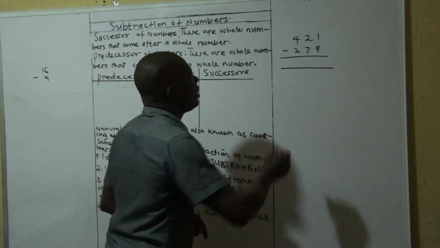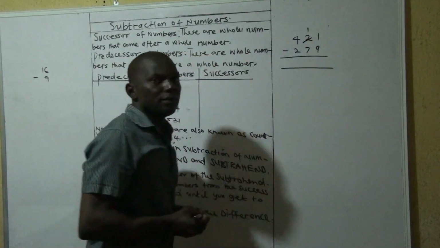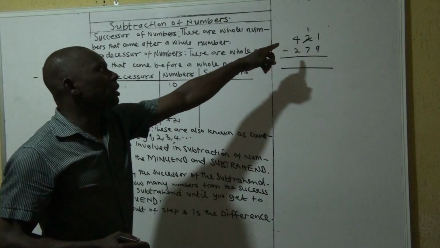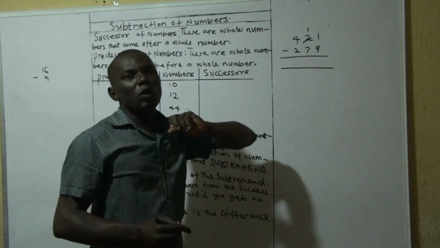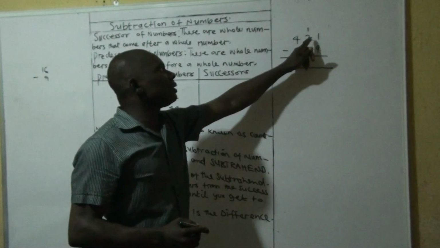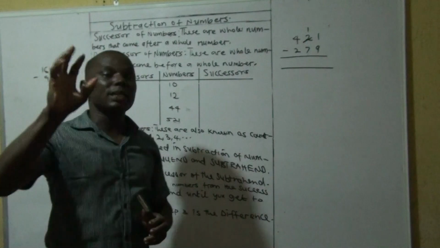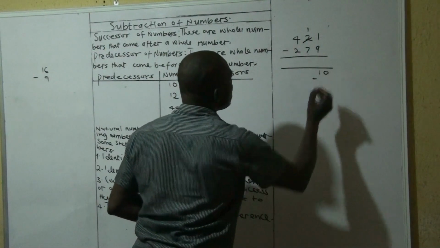If you borrow from 2 here, you reduce it by 1, you look for the predecessor of 2, and you write 1 here. The one you borrow does not mean 1, it means 10, because we are working in base 10. So you come down here and put 10 under here, and you put a minus.